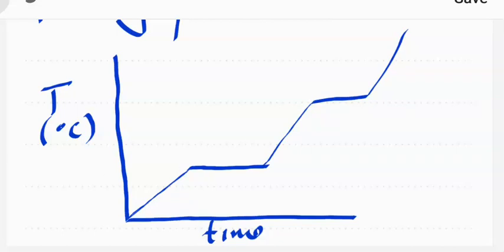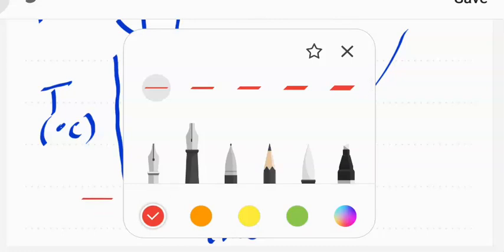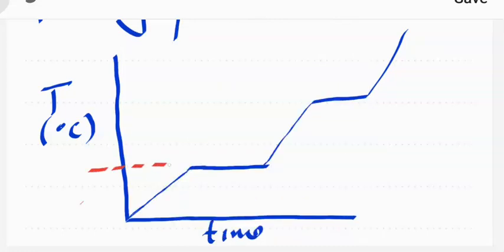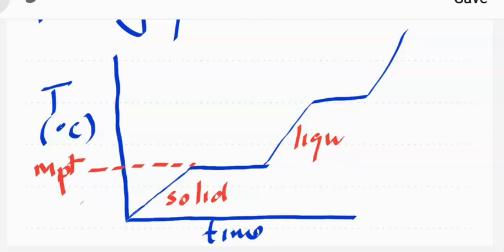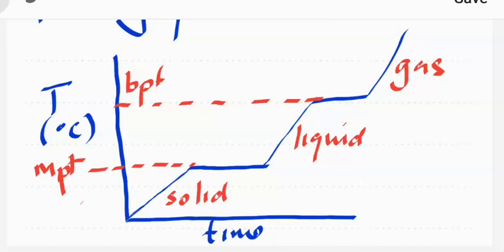Now this point here, and let me change the color here, is your melting point, because the solid has become a liquid, and this point here is boiling point, because a liquid has become a gas. So that's basically the states of matter.